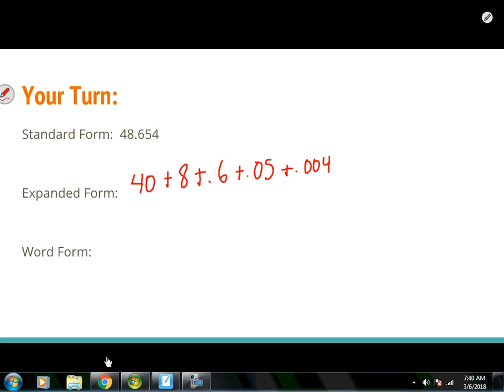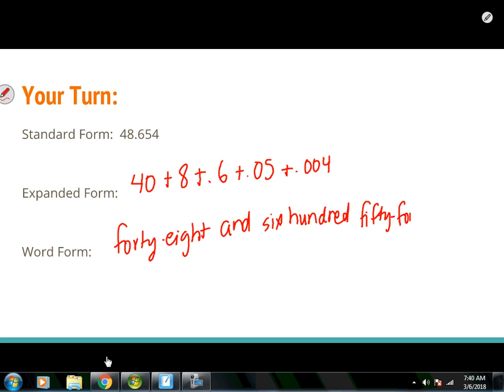And in word form, we would say 48 and 654 thousandths. And that THS very important. Okay, hope this helps.